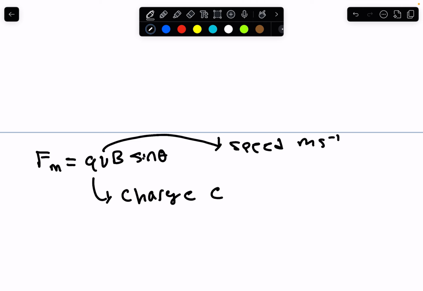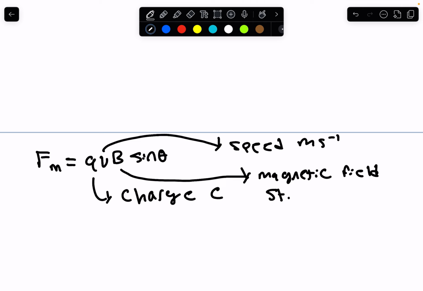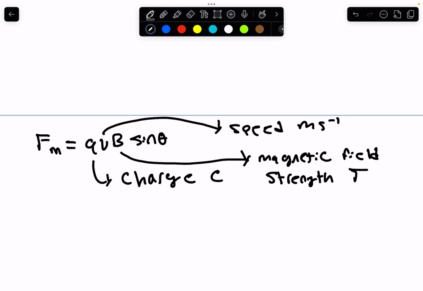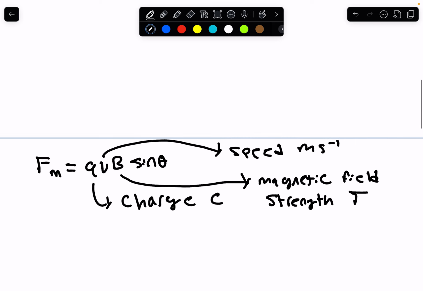And the new variable here is B, which is the magnetic field strength, given in a new unit called Tesla, denoted by a capital T. And sine theta is the angle at which it interacts with the field.